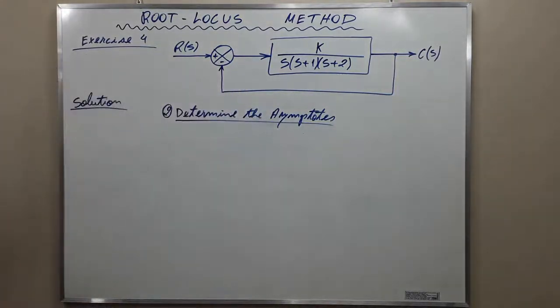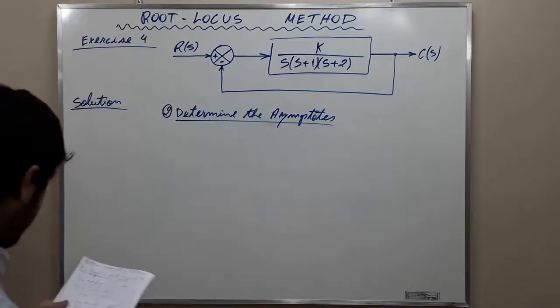To draw the asymptotes, we must find the point where they intersect the real axis. Again, we are going to place a test point very far from the origin.